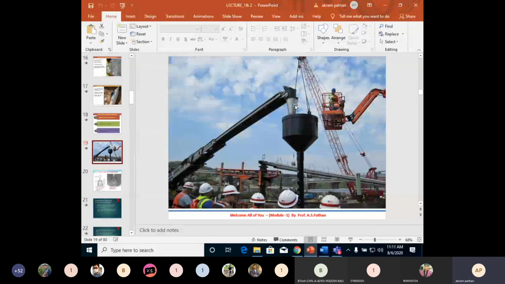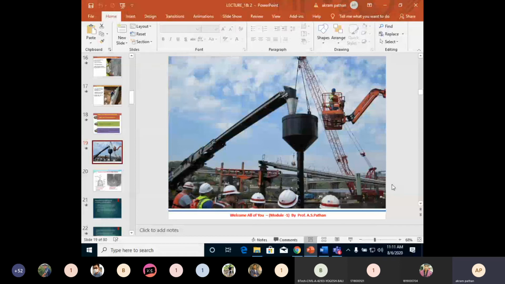We require this channel, and with the help of gravity the concrete will discharge into this funnel. As far as construction technology is concerned, we have to manage the machinery, the manpower, and complete the work within a time period.